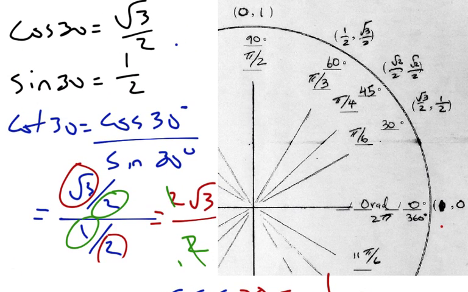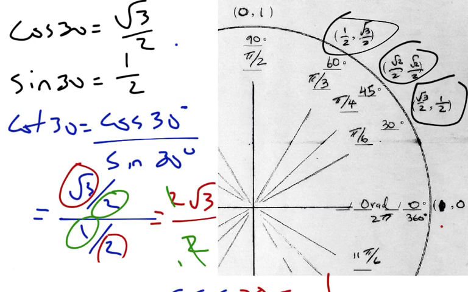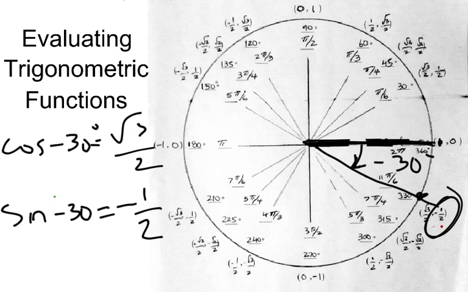You need to know these coordinates, because that's going to give you the cosine, which is the x, and the sine, which is the y, of any angle. I showed you already how to go around the circle. I hope this is going to help you out. And that's how you find the 6 trigonometric functions of any angle.